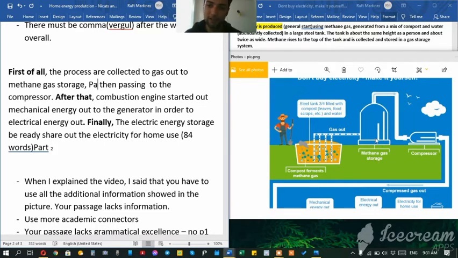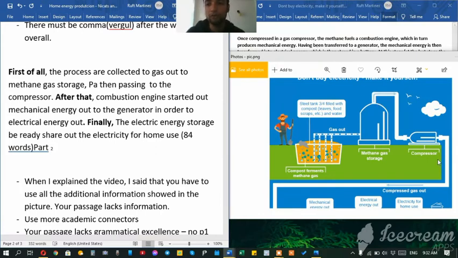As I can see here, it comes here, and since it's a storage, something comes inside and stores itself there. It's the methane gas storage. So methane gas rises to the top, travels through the pipe, and is collected and stored in a gas storage system.